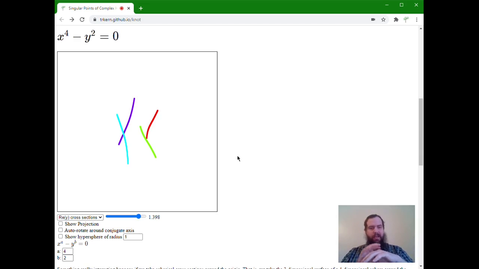The thing that I think is a bit more enlightening in terms of visualizing this, again, is to take those intersections with the hypersphere. So let's think about this. In 4-dimensional space, we have a 2-dimensional surface, and we're taking intersections with a 3-dimensional thing, the surface of this 4-dimensional hypersphere.